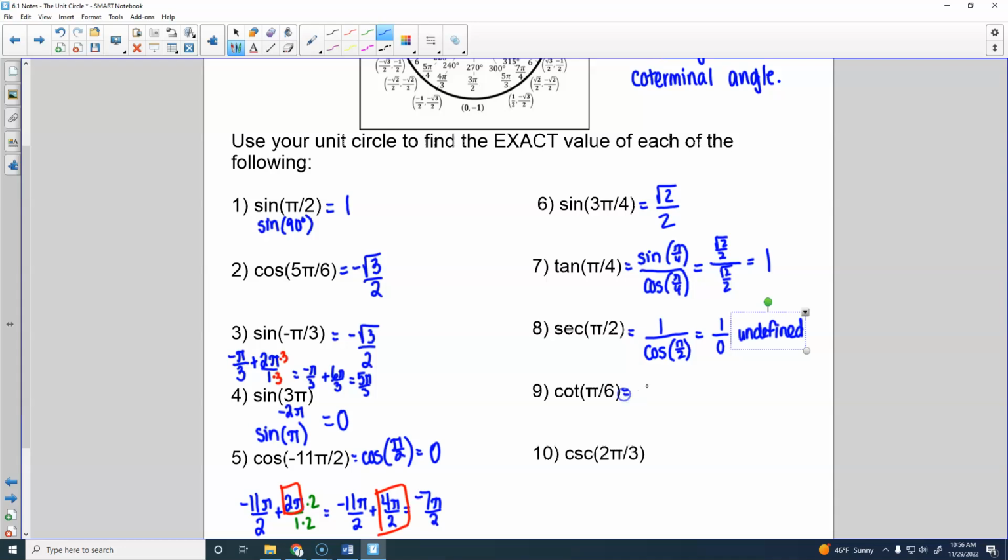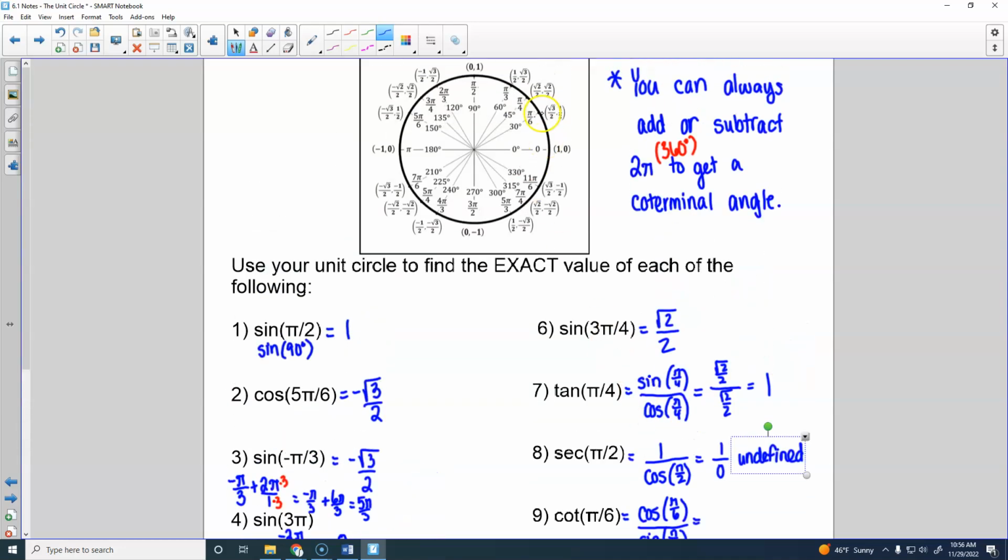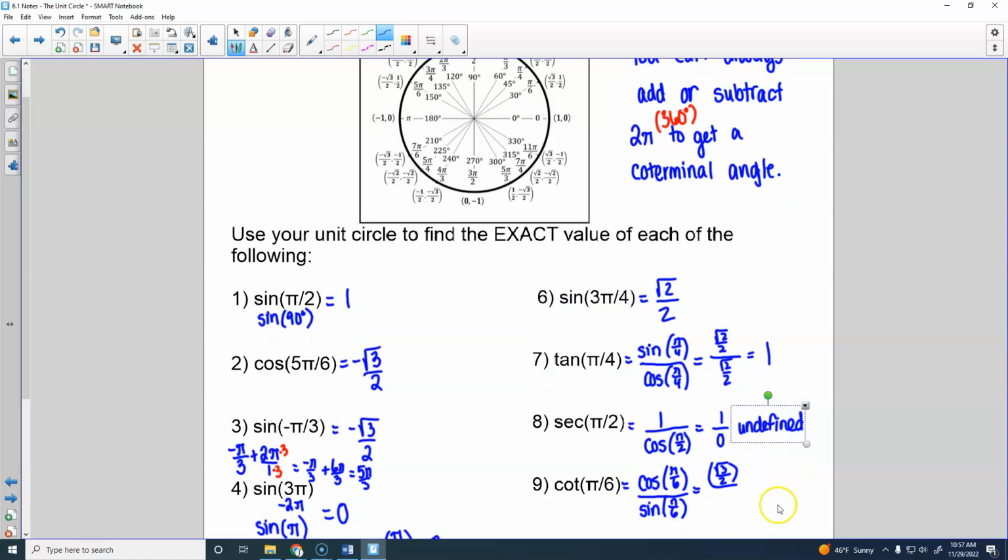Cotangent of pi over 6, this is going to be cosine of pi over 6 over sine of pi over 6. Alright, so at pi over 6, cosine is my x-coordinate, so that's square root of 3 over 2, and then sine is 1/2.